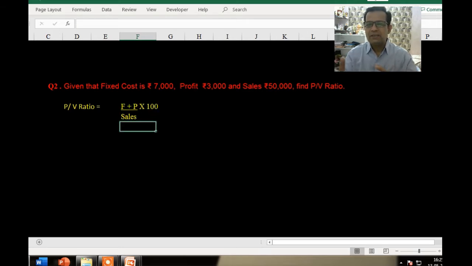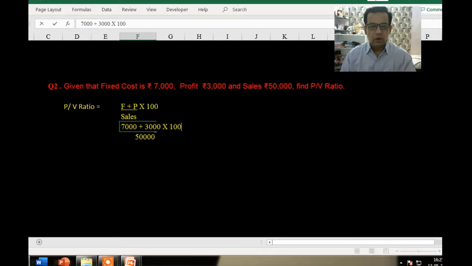So if I just substitute the numbers here, my fixed cost is 7,000. To this I would need to add my profit of 3,000, and then I multiply that by 100. But before that I need to divide it by my sales, which is 50,000.